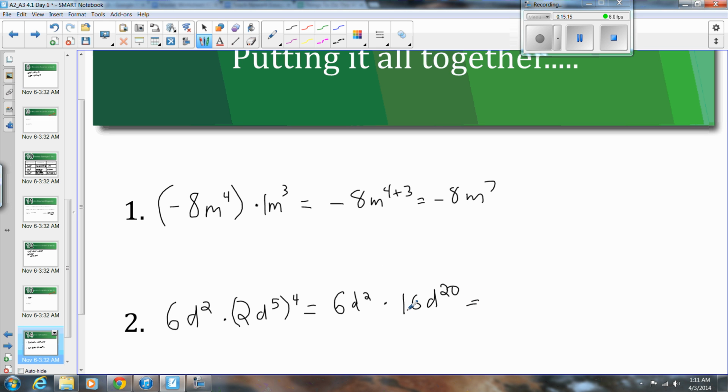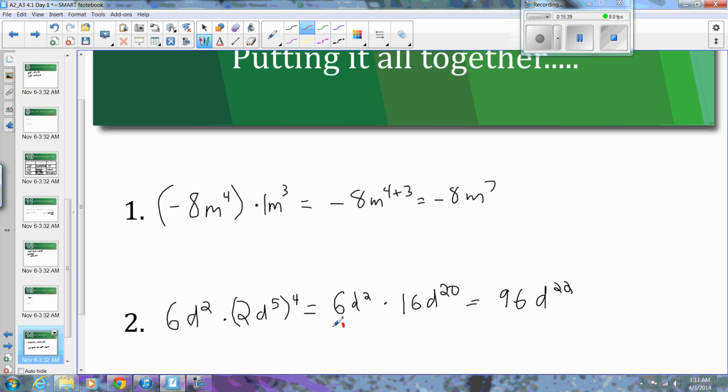Now I can do my multiplication here. So I need to do 6 times 16, which is 96. And d squared times d to the 20th power is d to the 22 because I'm adding my exponents. So this is an important component of what I did here. And I just want to emphasize this again because I know students are going to be asking me about this come practice time.